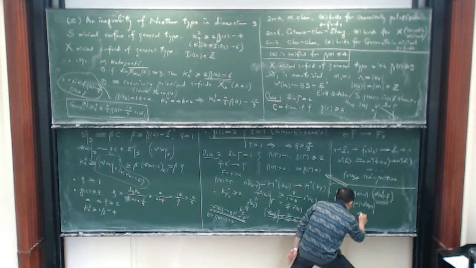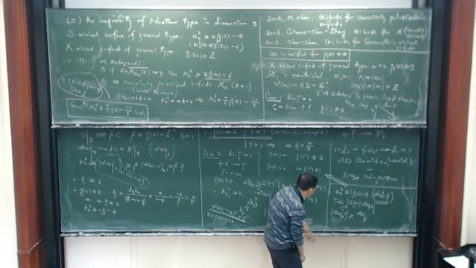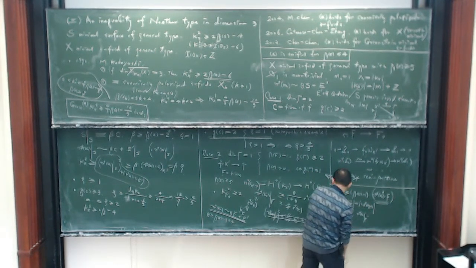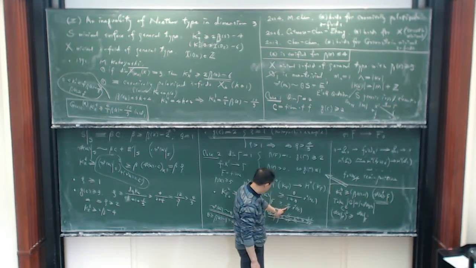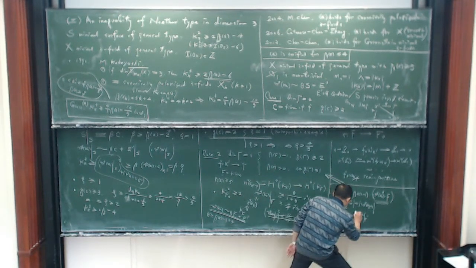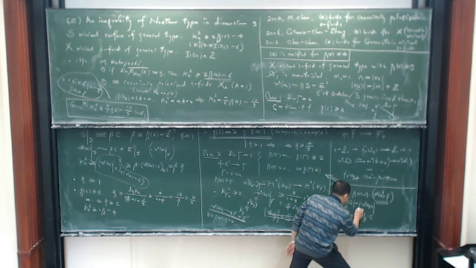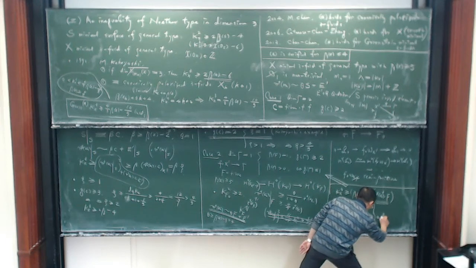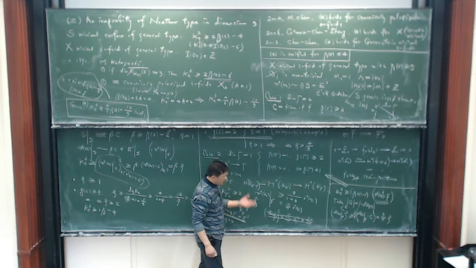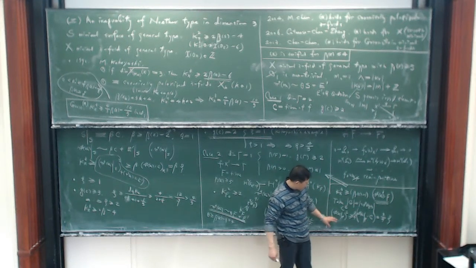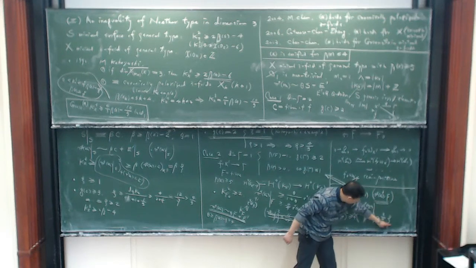I want to produce C. At least it's 2/5 C, that is 2/5 psi. So this is still the same purpose: we want to estimate psi.